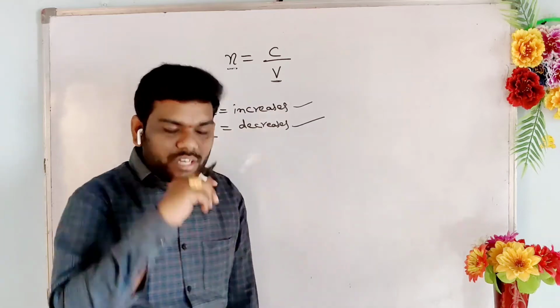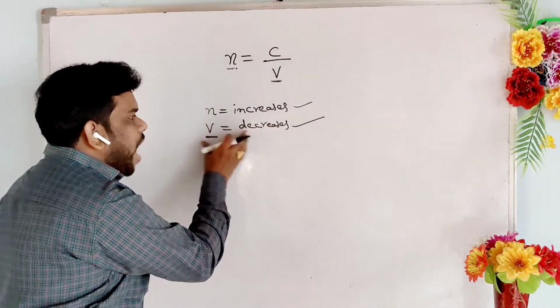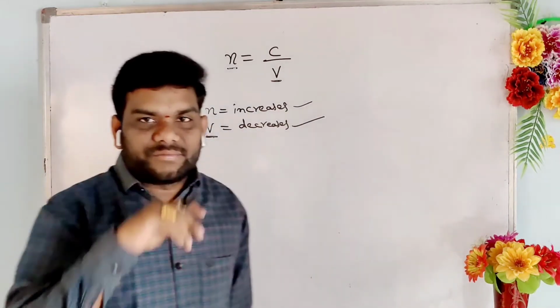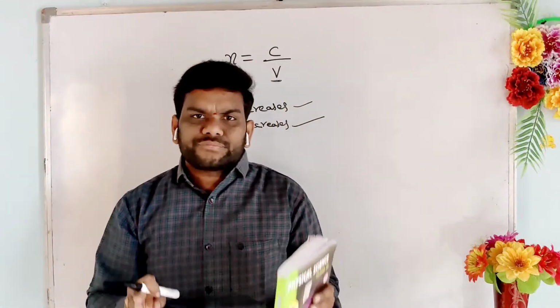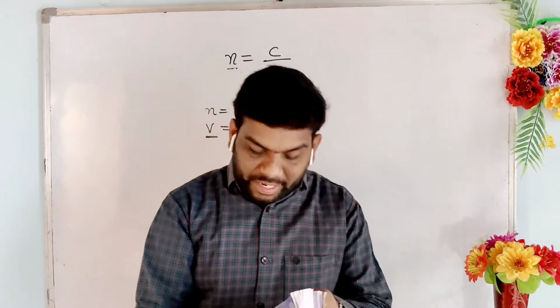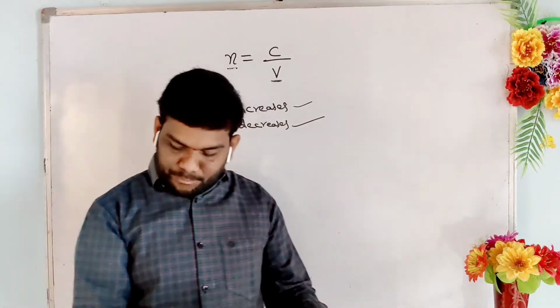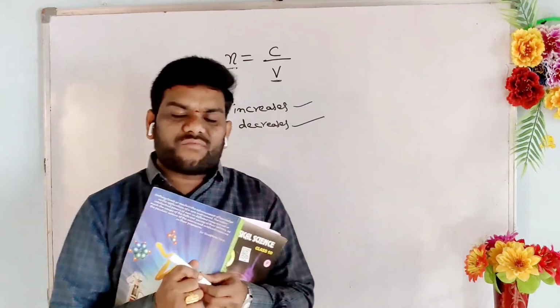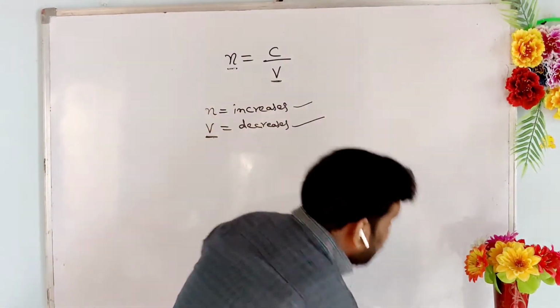Okay students, now what are the values of refractive index? Let us discuss the comparison of refractive index. In our textbook page number 47, there are many refractive index values.